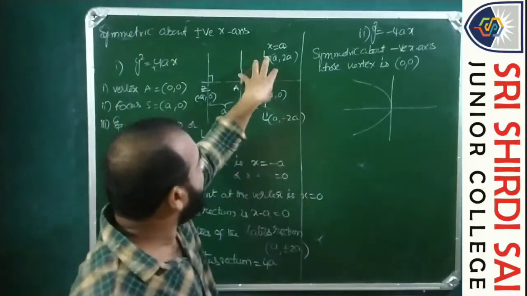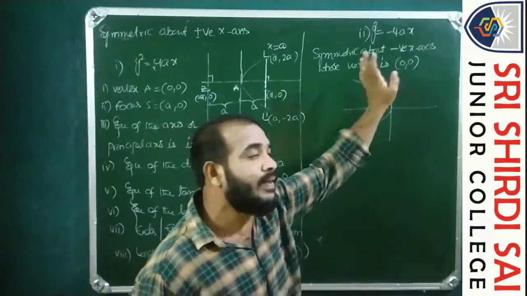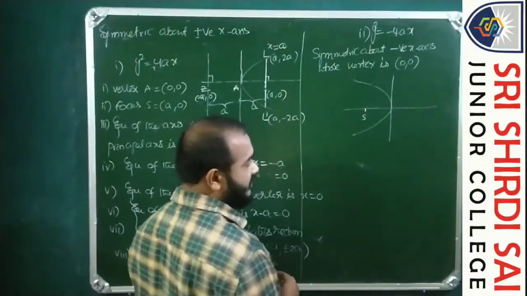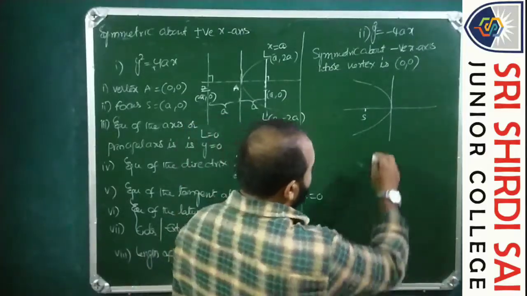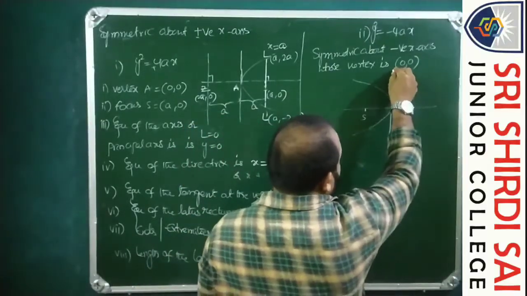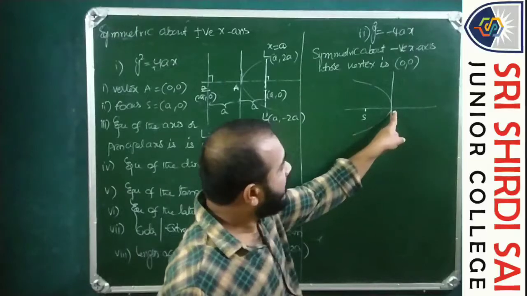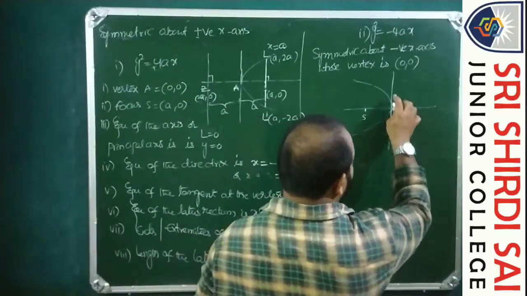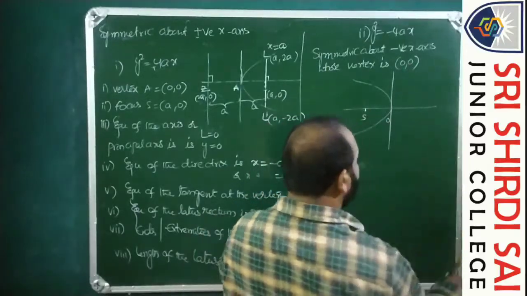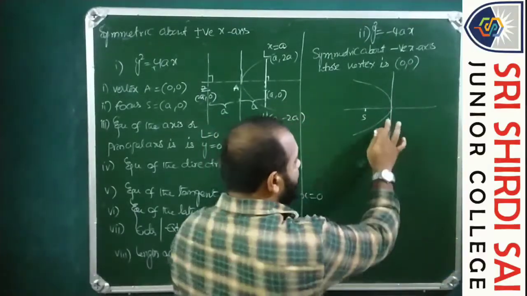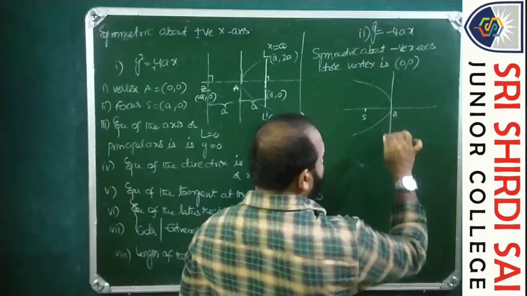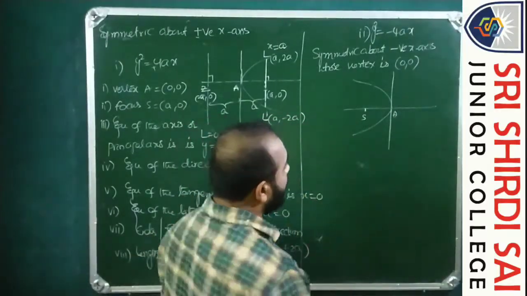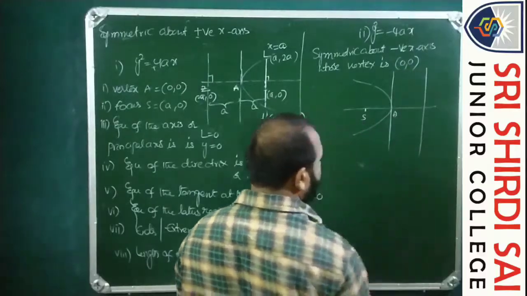So this is the right parabola, we can say, and this is the left parabola. The focus of this is lying here. This is S, and this is the vertex. The vertex is at the origin, since this is the y-axis and this is the x-axis, and the point of intersection is here. The vertex is denoted by the letter A, and this is the directrix.